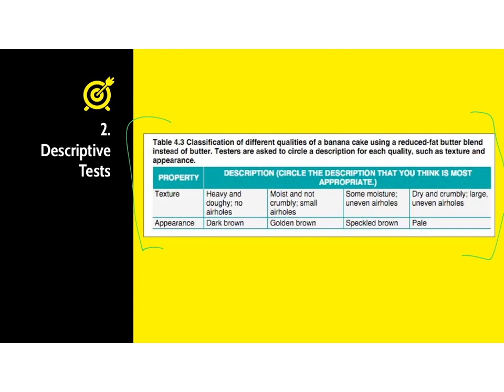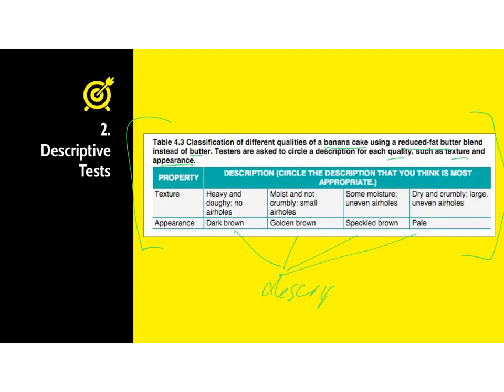test. So it says that there's a classification of different qualities of banana cake using a reduced fat butter blend instead of butter. So the testers are asked to circle a description for each quality, such as texture and appearance. So this is a descriptive test because descriptive words here have been provided.